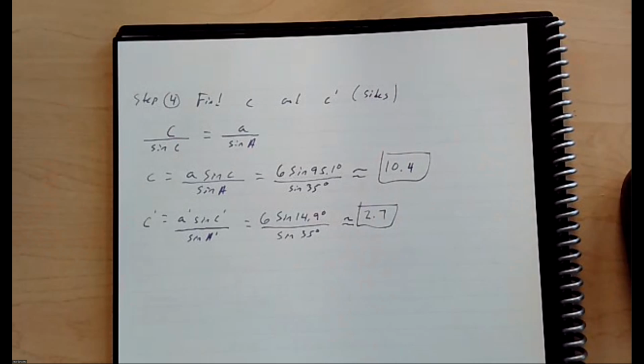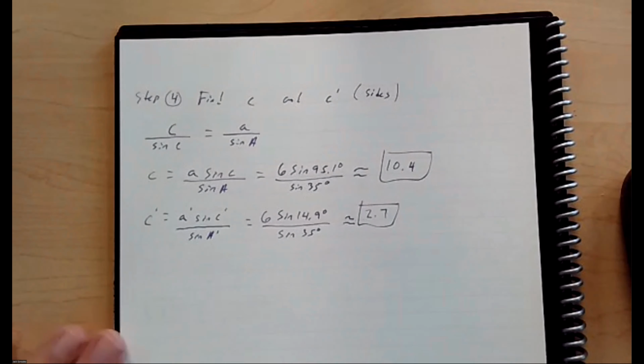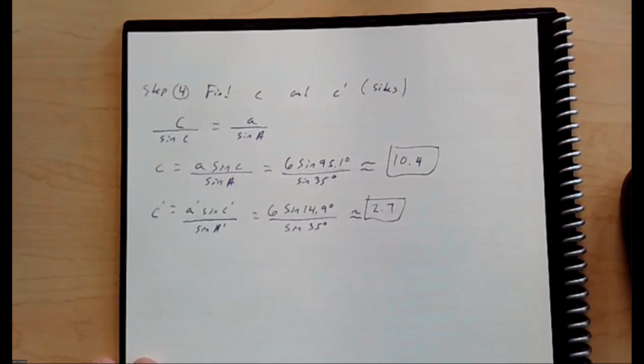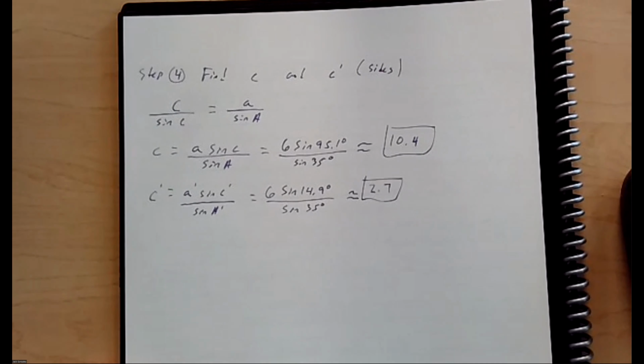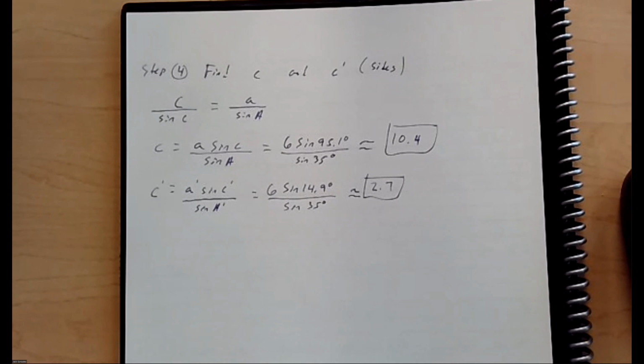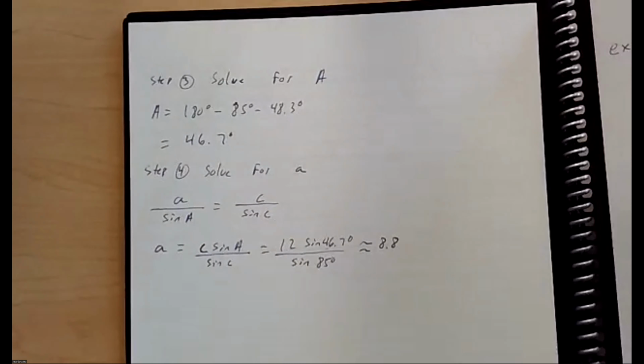You see how when you have two triangles, life sucks, right? It's way more tedious. And you got to remember which one's fixed and which one's not. You got to verify. So take your time, okay? That will be 10.4 and 2.7.